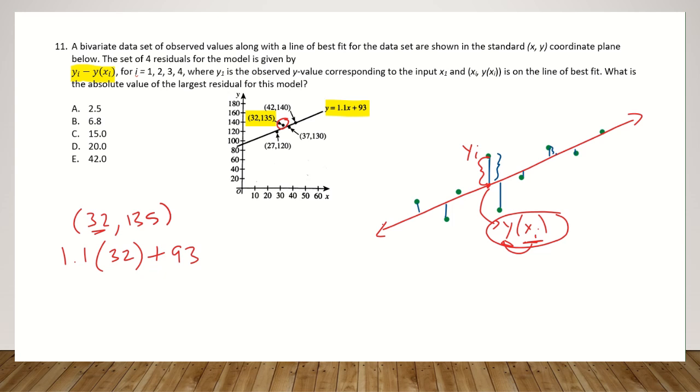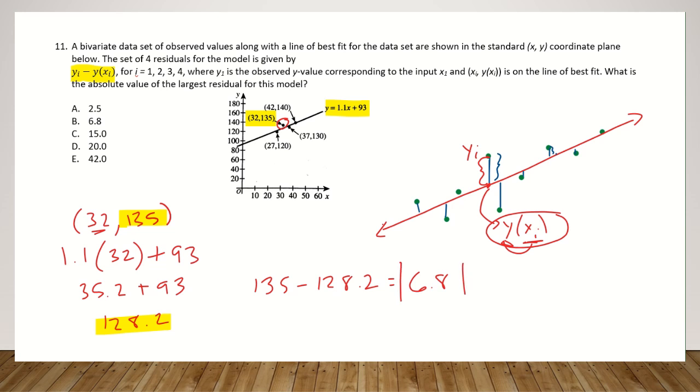So we get this 1.1 times 32. You can type that in a calculator. And then add to the 93, and you get 128.2. So the difference in our y's is 135 minus 128.2. Okay, so you subtract that, and you get 6.8, and then they want the absolute value of that, which is just 6.8.